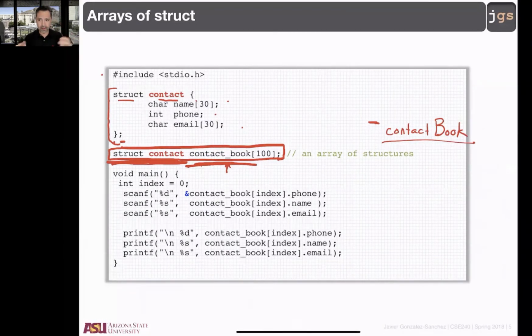Now, remember, these are recommendations. You can follow the same style that you use for your variables in Java here. You can change this for this, and it's going to work.